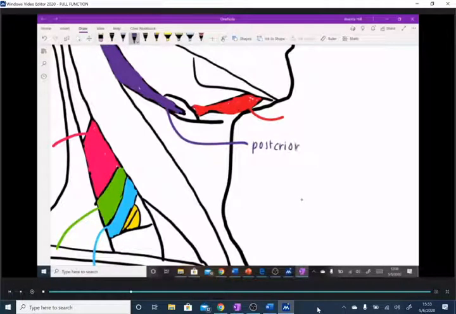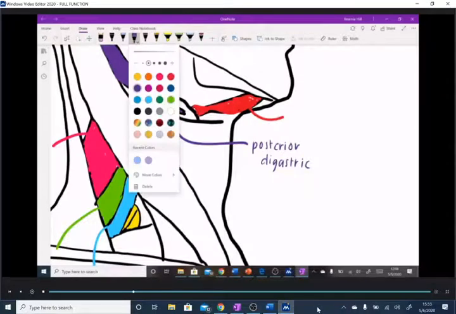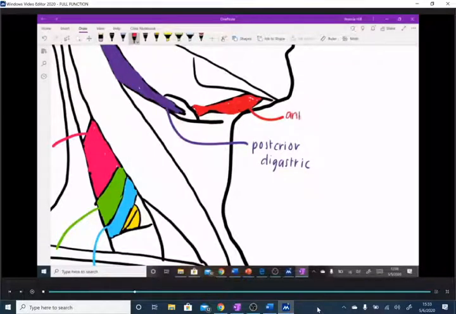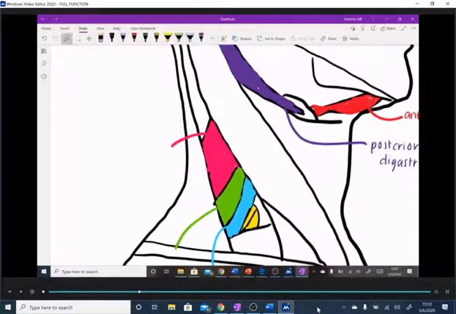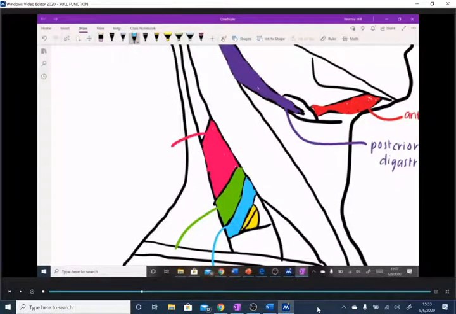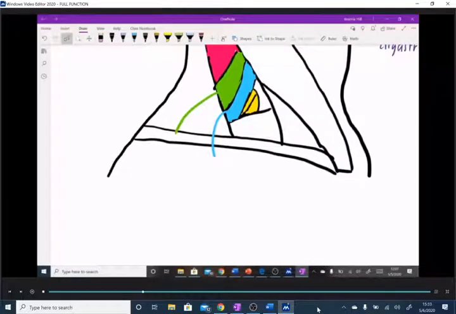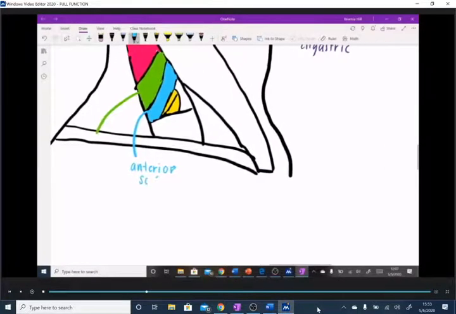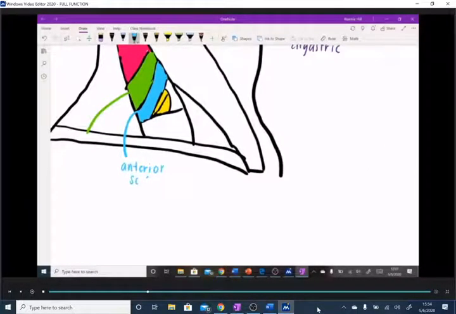So the posterior and anterior digastric muscles are not part of the posterior triangle. The posterior triangle is part of three muscles. Well, there's more muscles, but three muscles that we've talked about in the lab, which is the anterior, middle, and posterior scalene. The anterior scalene is right above the brachial plexus.